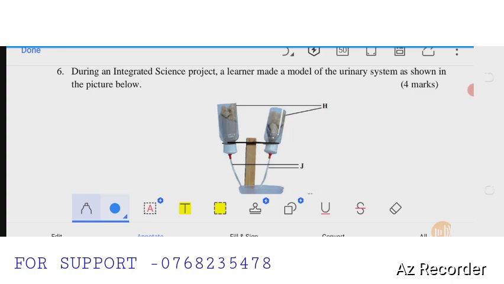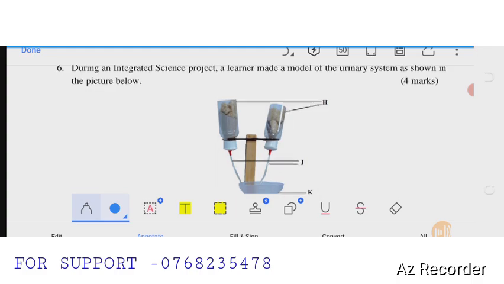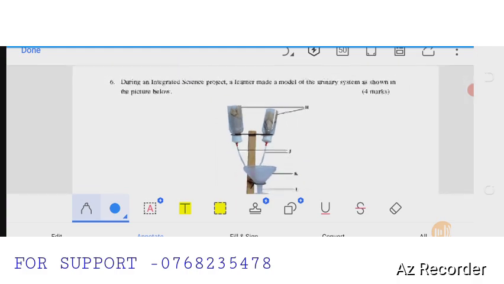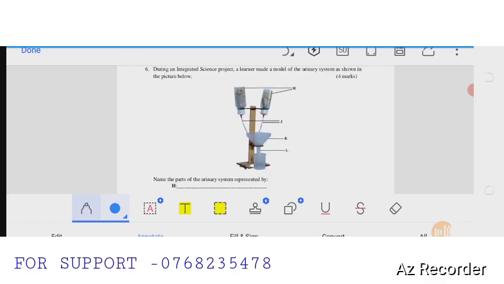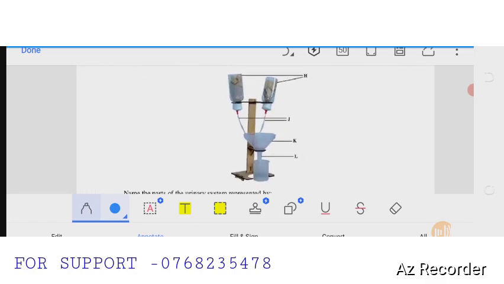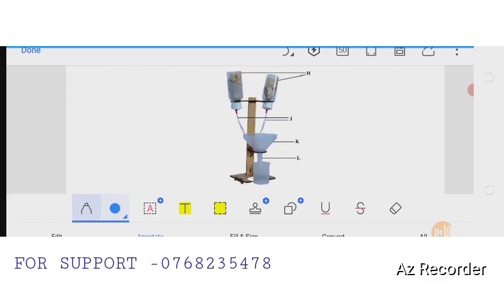says, during a science project, learners made a model of the urinary system as shown in the picture. So let's see the model. That's the model of the urinary system, and it has parts H, J, K, and L as shown there.